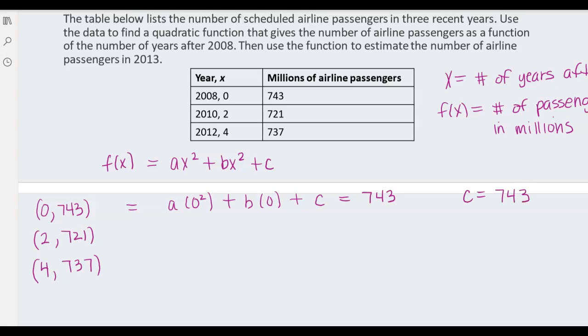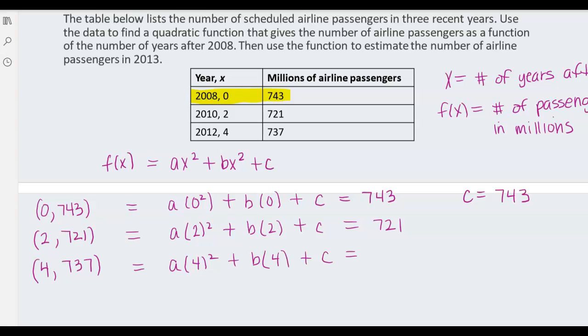That's pretty easy, and it makes sense because that's our baseline data, our starting point. For the second equation, we have a times 2 squared, plus b times 2, plus c equals 721. And for our third equation, we have a times 4 squared, plus b times 4, plus c equals 737.